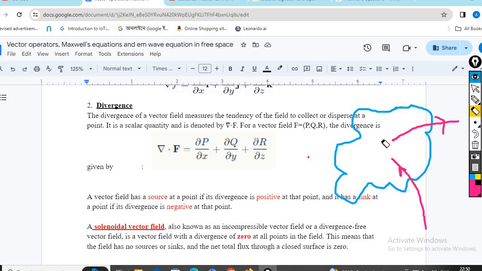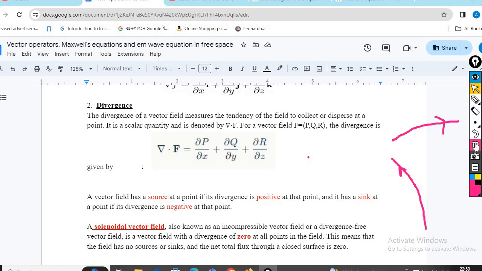That means it represents the field in dispersed mode, in an outward flow mode. And if the divergence value is negative, then it acts as a collector. It acts as a sink, one can think. If this is positive, it acts as a source. If this is negative, it will act as a sink, a collector.